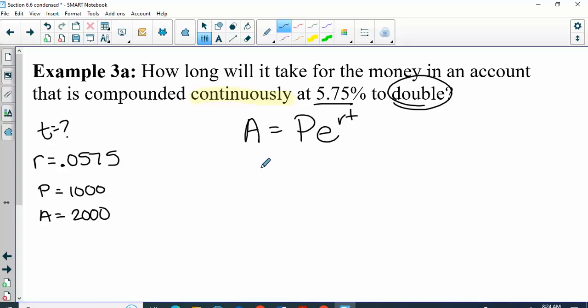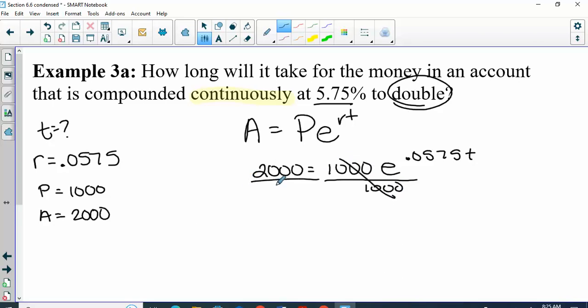So now let's plug into our formula. A is 2,000. P is 1,000. e to the r, 0.0575 t. Oh, so then it's the exact same thing.